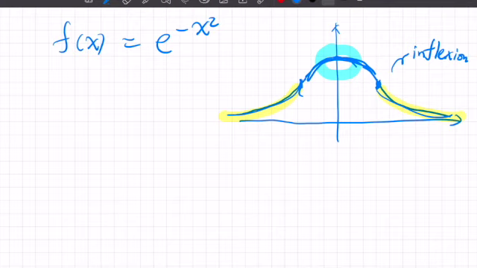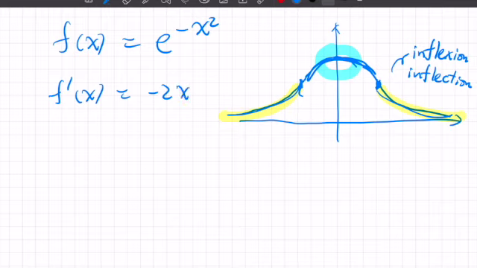Maybe the spelling is not right. Inflection. Okay, so that can be found out by just differentiating. Once you differentiate it, applying the chain rule, you have negative 2x exponential of negative x squared.